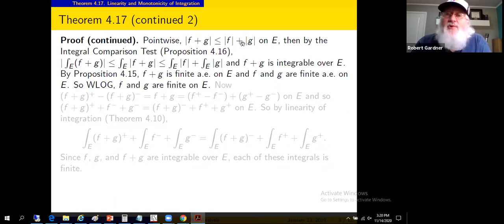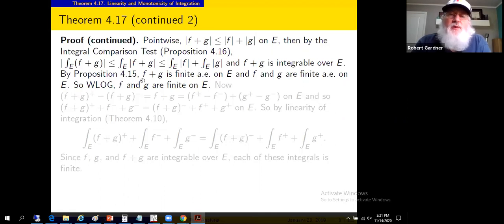These are non-negative functions, so I can use monotonicity if you like. So we can say the integral of the absolute value of f plus g is less than or equal to the integral of the absolute value of f plus the absolute value of g, and then use linearity on that to get this. And both of these were finite, so this integral is finite. So in particular, f plus g is integrable over E, as we claimed.